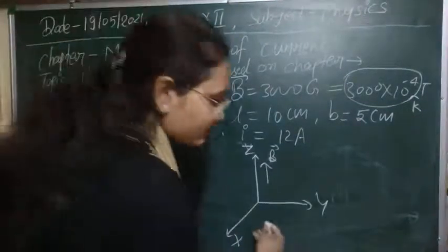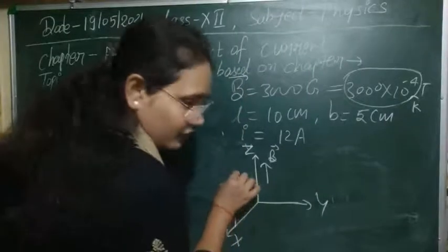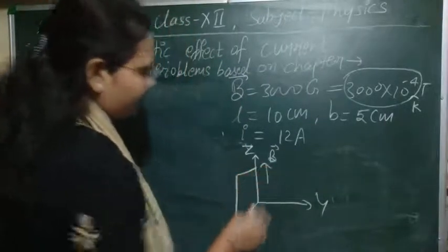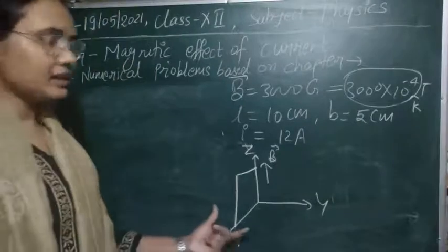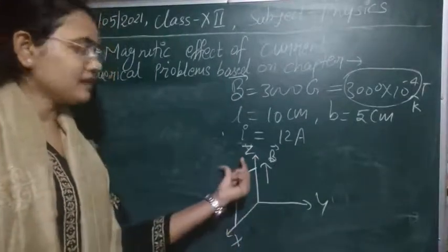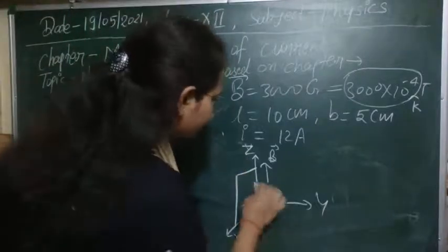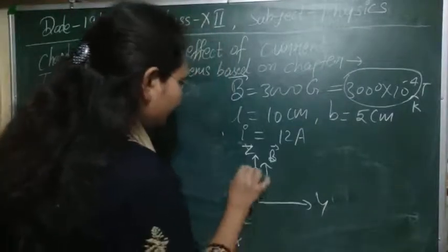It is given that we have a loop in this way. This is the loop we have. Now in this case the loop is in the zx plane, and the direction of current given to us is clockwise.